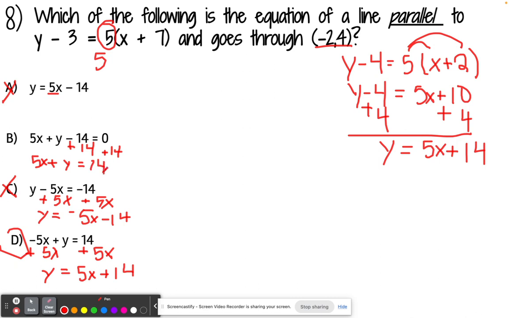My last step would be subtract 5x, and you'll notice I end up with the negative 5x. So this one will not work. Okay, y equals negative 5x plus 14. So D is my correct answer. I should always do D first. It seems like D is always my correct answer on these. Try to do as much work as I can, apparently.